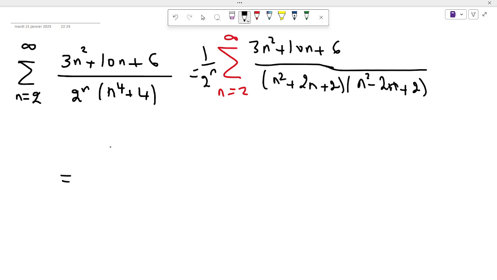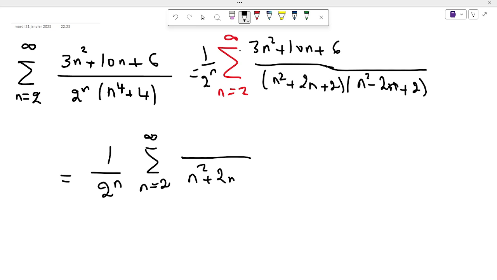So basically that is equal to 1 over 2 to the power n times the sum from n equals 2 until infinity, and what we want here is something over (n squared minus 2n plus 2) minus something over (n squared plus 2n plus 2). So we want to find something here and something here.